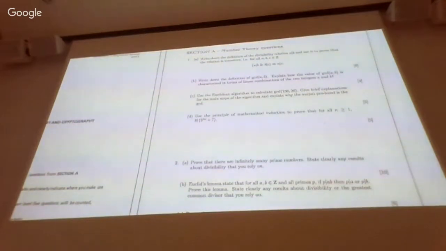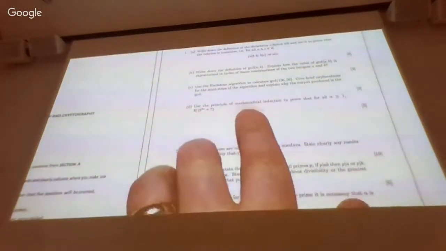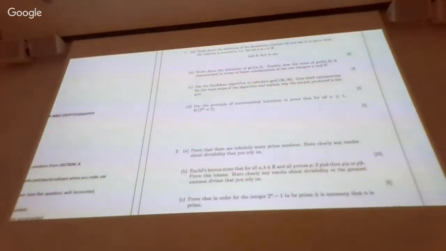In chapter 1 we were introducing the integers, and the main thing there was the principle of induction, proofs by induction, and how induction is the quintessential property of the integers. There's an induction proof question in question 1 part D.